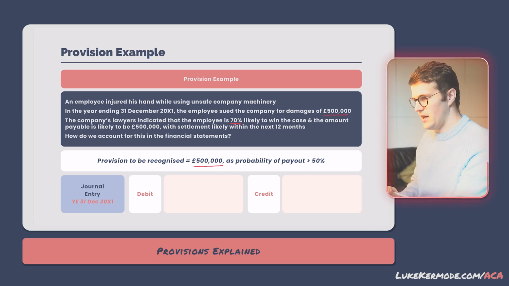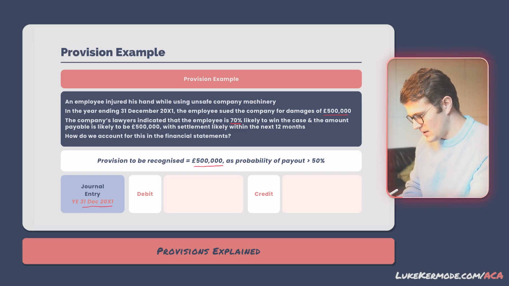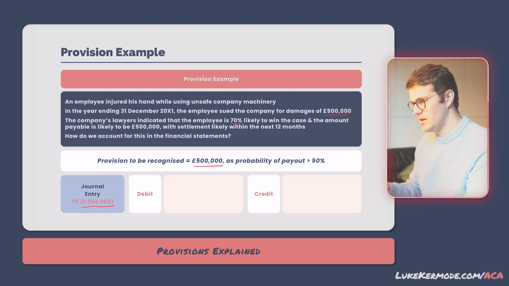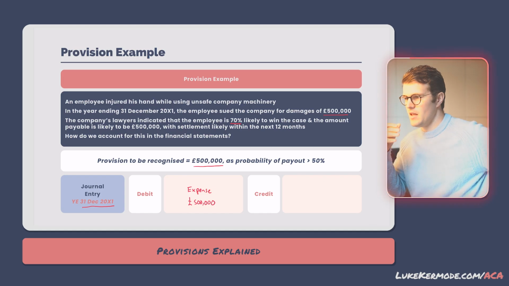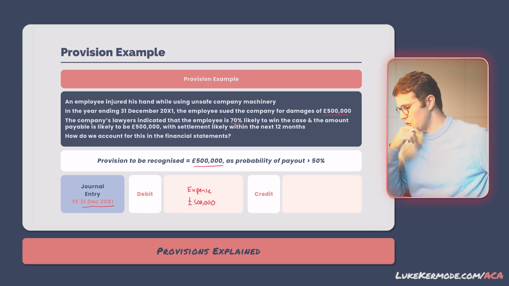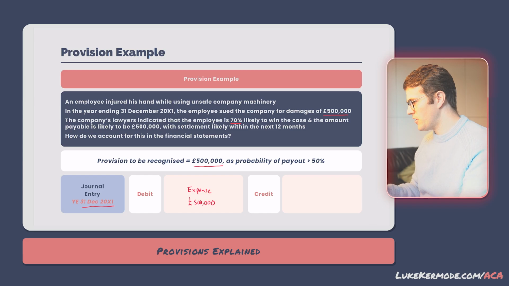So the journal entry to record this provision, as at the end of 20x1, is debit expenses 500,000. This goes to the income statement as a charge for the year, and it reduces profit for the period.